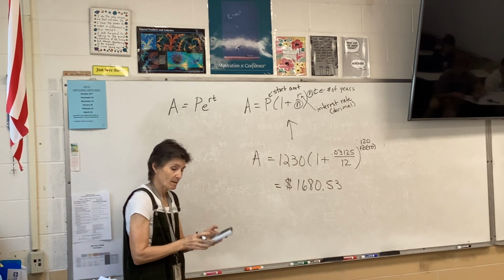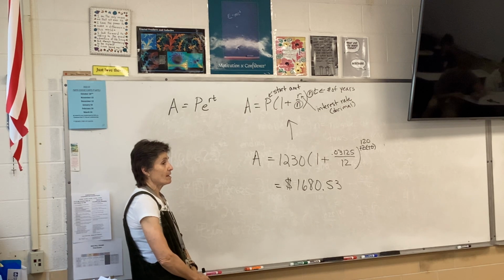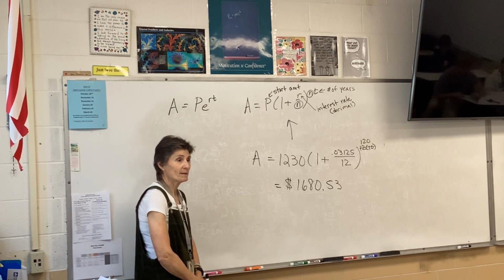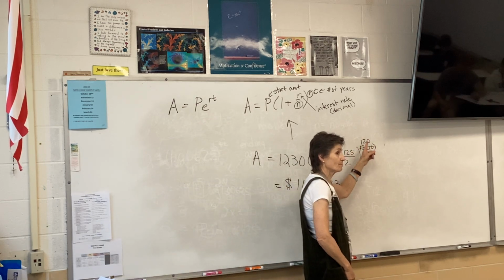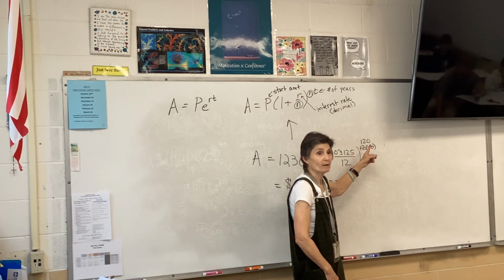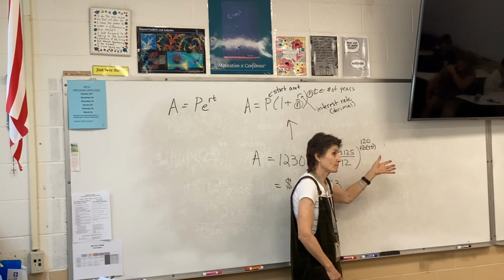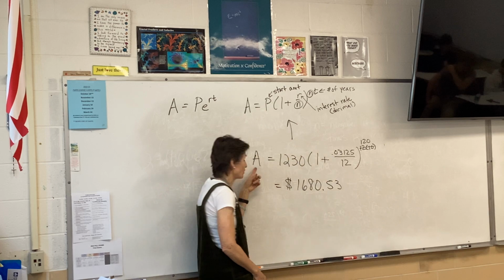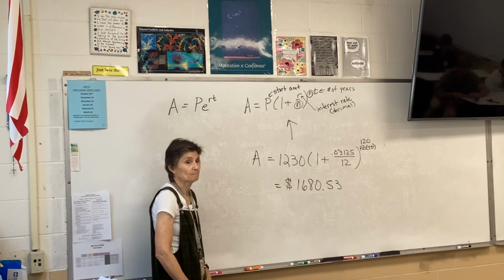Yep. Boy, that is easy. What made that last problem a nightmare is your variable was up here. And the only way to do it when your variable is up here is to use logarithms. We didn't need to do that because our variable is out here. So we just typed it in.